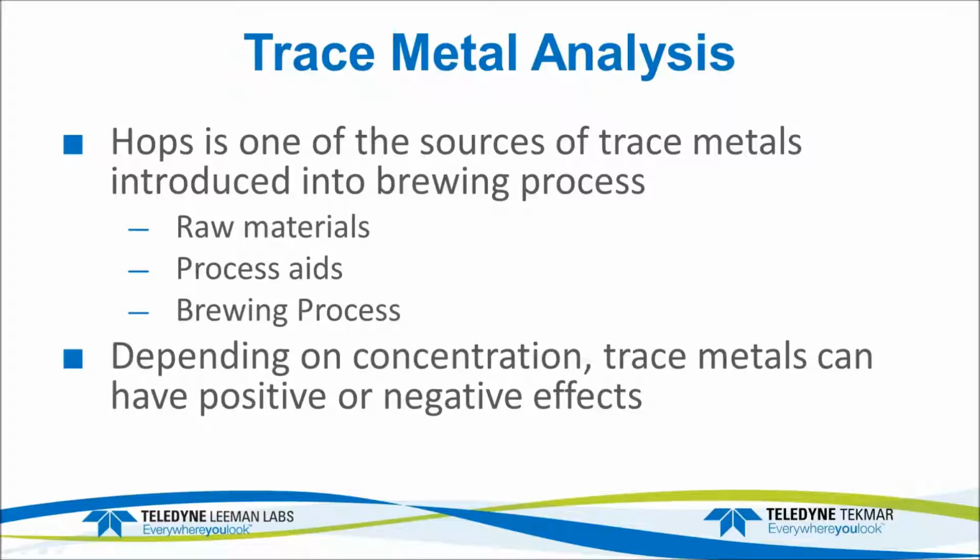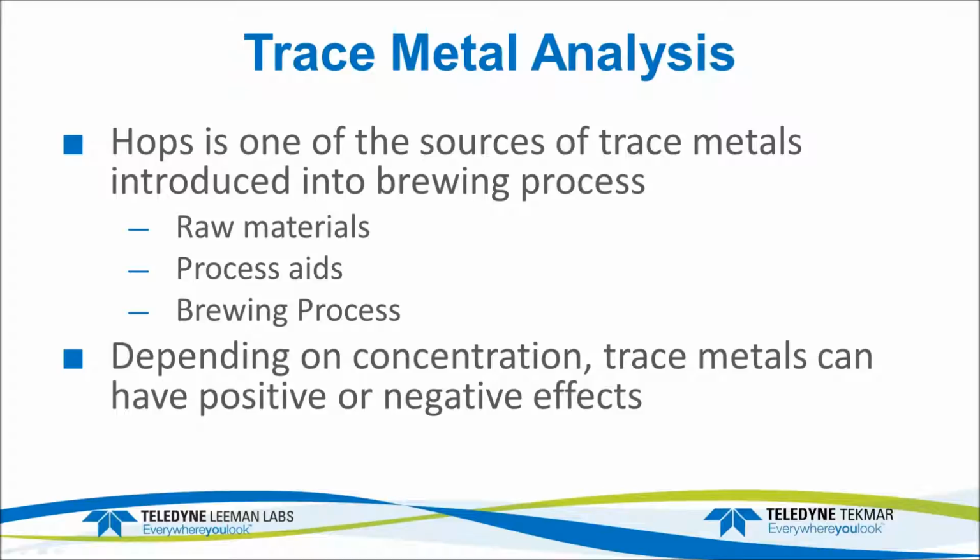For trace metal analysis, hops is one of the sources of trace metals introduced into the brewing process. Other places where trace metals are in the raw materials, things like barley and malted barley that pick up trace metals from the soil, from the water, from the fertilizers that are used. The different types of flavorings and spices that are used are also sources of trace metals.